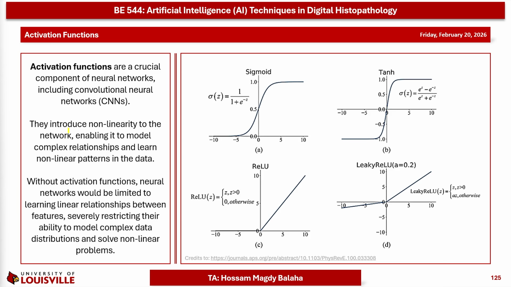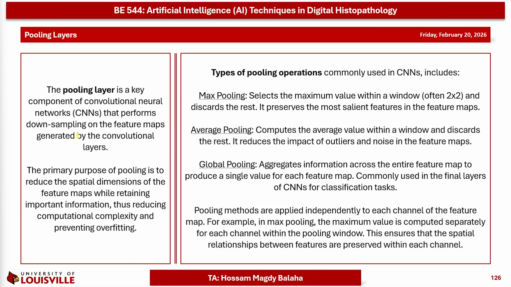And as you see on this figure, there are multiple activation functions, like the sigmoid, which squashes the input to be between 0 and 1, and ReLU, which ignores negative values and keeps a linear relationship for the positive values. There is also tanh, applying this equation on each value in the input, and there are many more. Now let's move to the pooling layer.